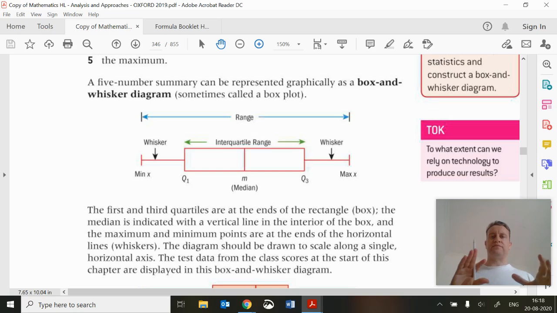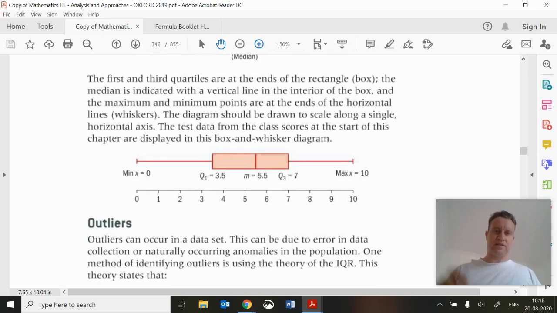So that is possibly a more reliable measure of dispersion or spread than the range, because the range can be affected by outliers. I'm not going to do much on this because I want to get on to standard deviation and variance, and a couple of formulas there and applying those as well. But there's an example of a box plot.